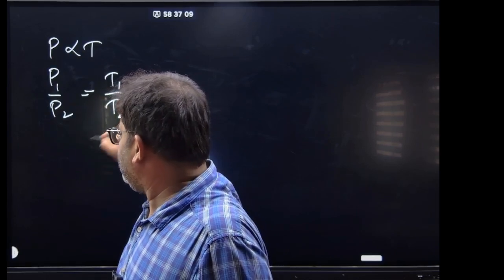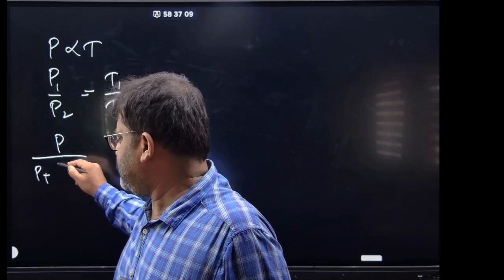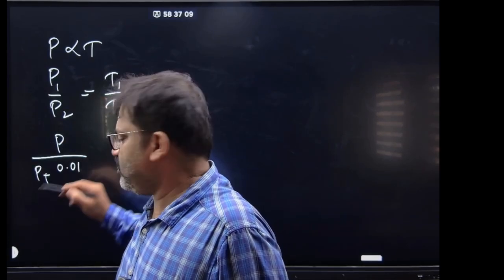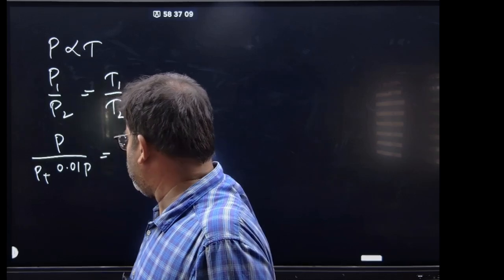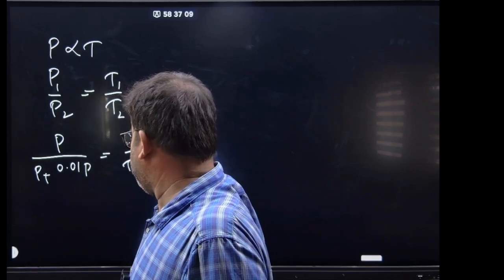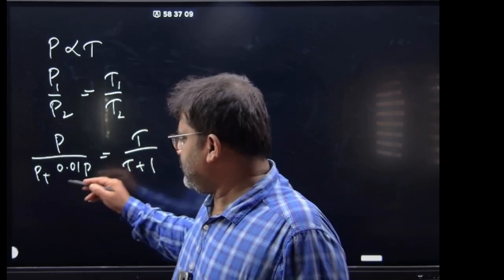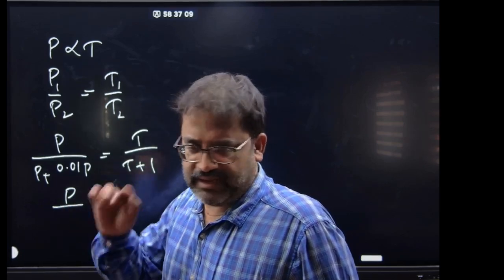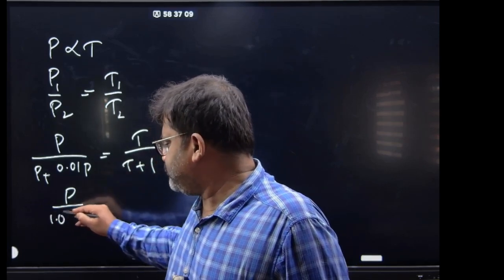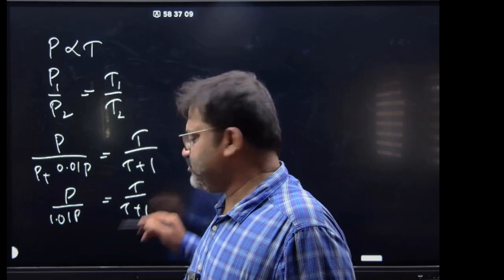But remember, if P1 is equal to P, then P2 is equal to P plus 1% of P. 1% means 1 by 100. 1 by 100 is nothing but 0.01 P. That is nothing but T divided by T plus 1. So that means P divided by 0.01 P plus P, which gives me 1.01 P, that is equal to T divided by T plus 1. So what can we cancel off here?